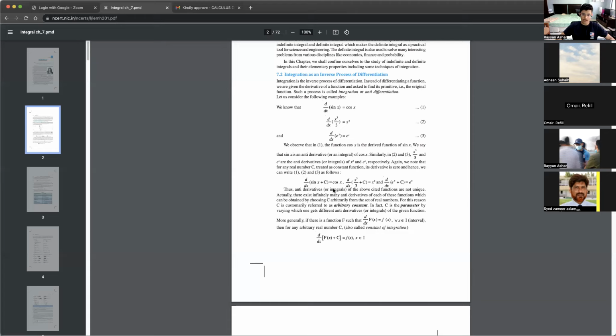So what they're saying is, for different values of c, and I'm sure maybe Umair has some insight on this, if we look at it graphically, for different values of a constant in a function, the curve of that function will be offset by that constant.